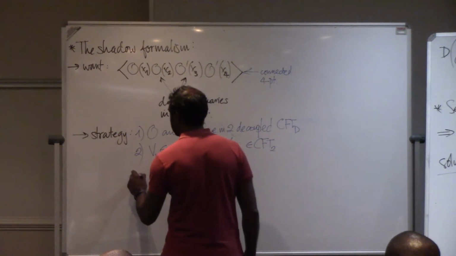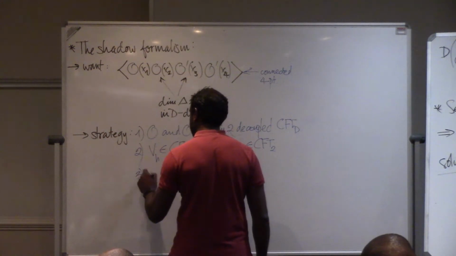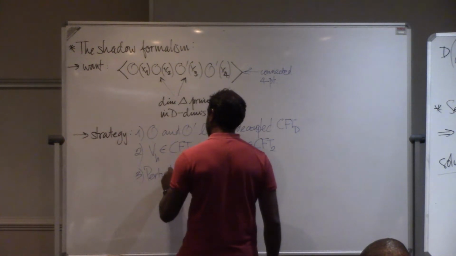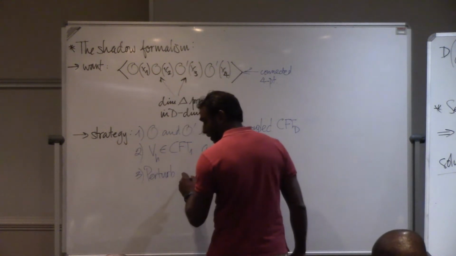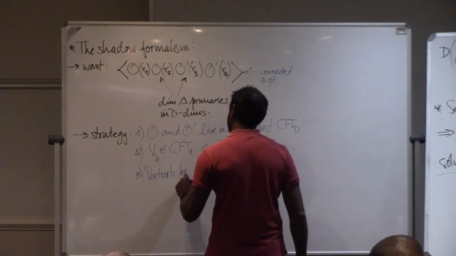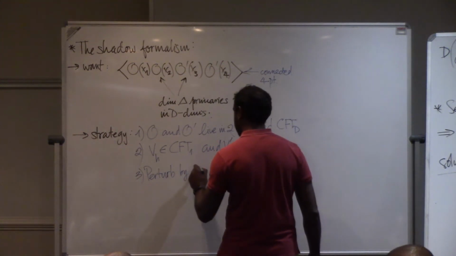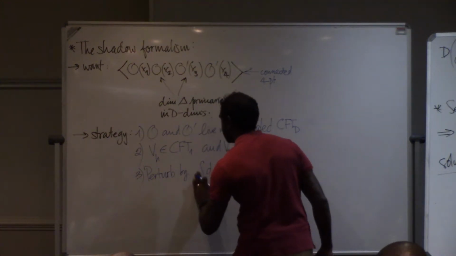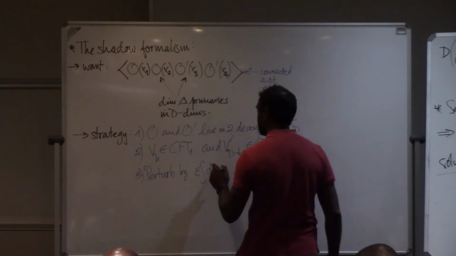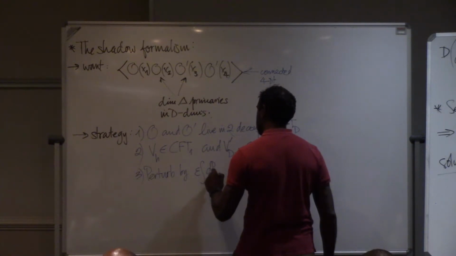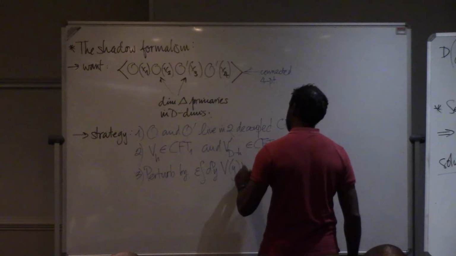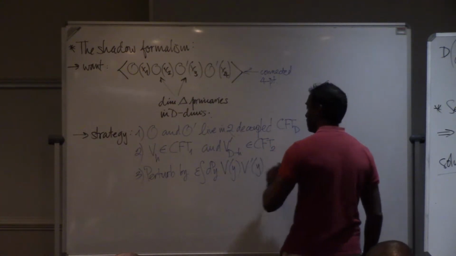So strategy 3 is to perturb by some operator, epsilon times the integral over d dimensions of d^d y, V of y, V prime of y.